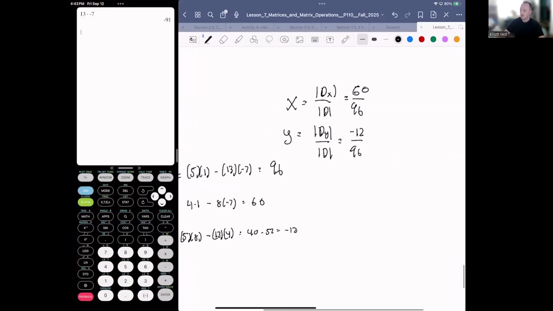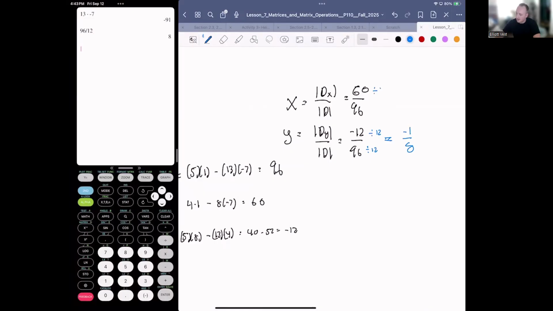Now, these can be reduced, right? I think 96 can be divisible by 12. So this can be reduced if I divide by 12 on top and bottom. That equals negative 1 over 8.